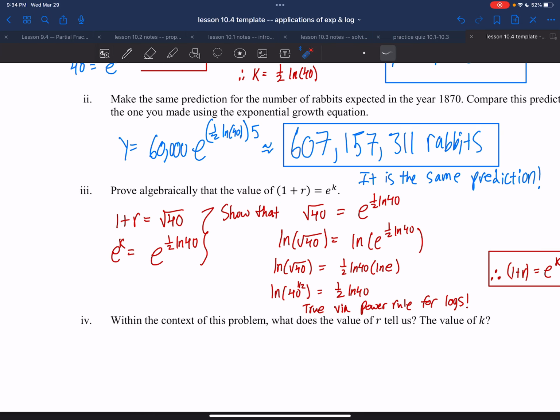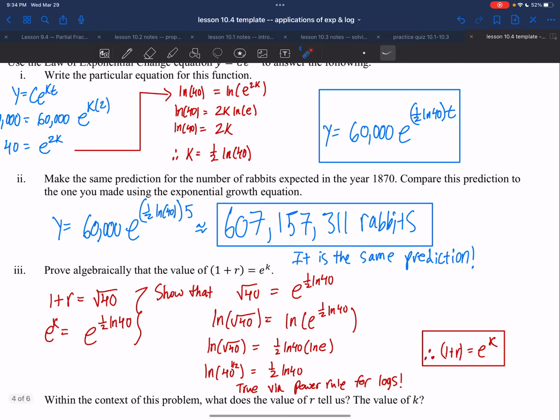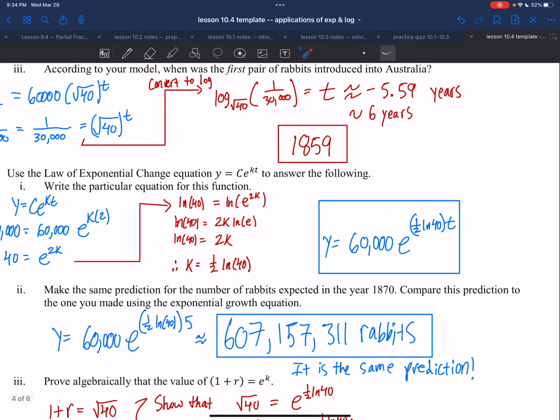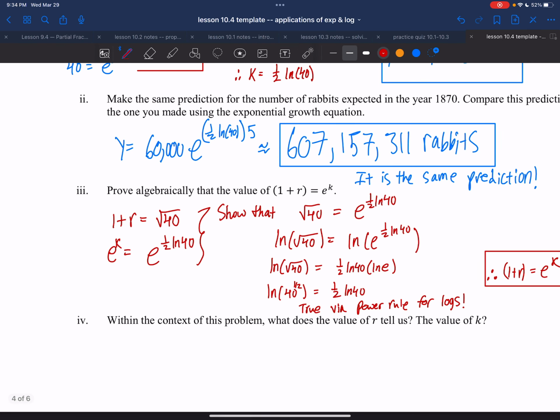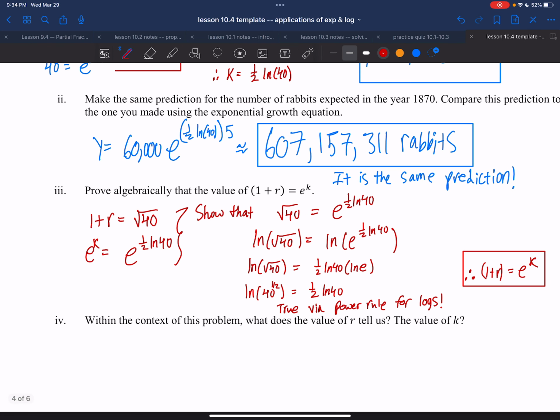Now, what do these things tell us? Well, we said that r equals -1 plus square root 40, which now let's approximate as a decimal because we want to make sense of r.